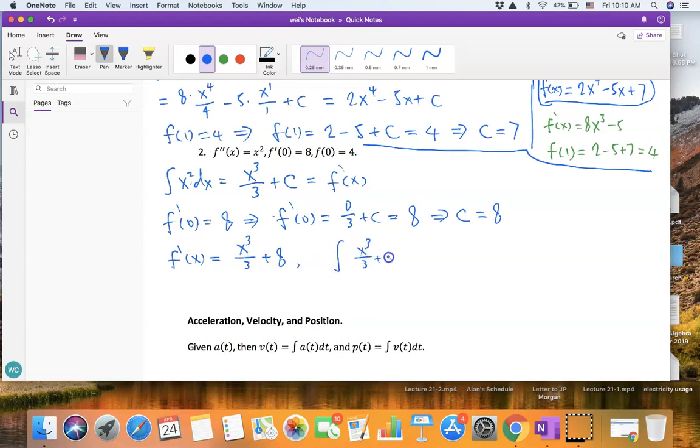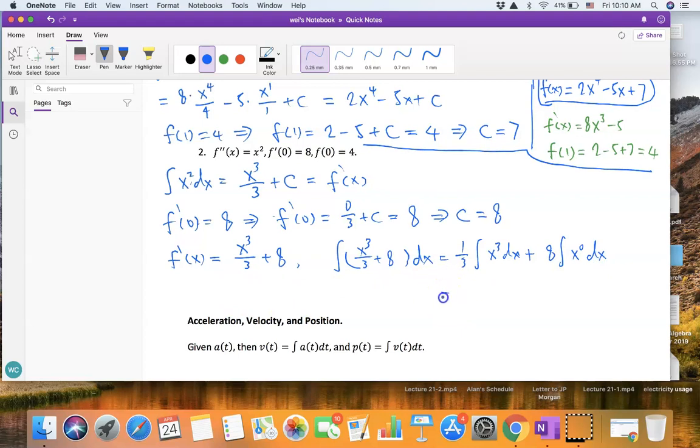And then to find the function f(x), we consider the antiderivative of this function, x to the third over 3 plus 8. That equals 1/3 of the integral of x to the third dx plus 8 times the integral of x to the 0 dx.